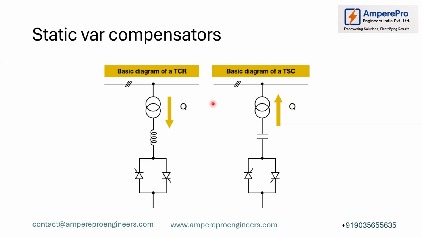Because sometimes we may have to inject reactive power into the grid, and sometimes we need to draw reactive power from the grid, depending on the situation. In a solar plant, there are different cycles.